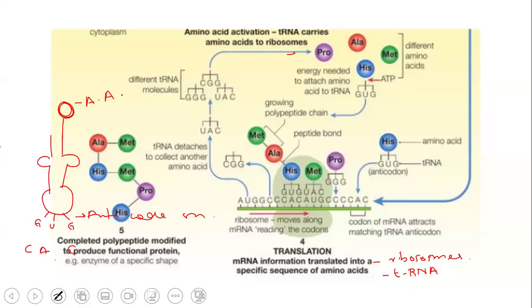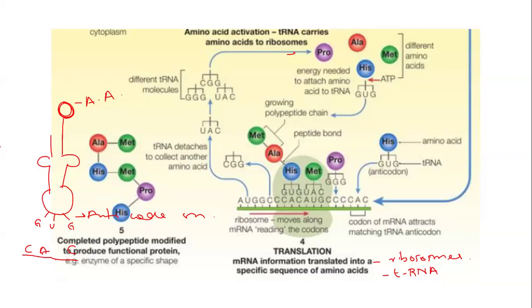to the amino acid. So what is going to happen is that the ribosome starts to read the messenger RNA. It says, okay, there is CAC written. So whichever transfer RNA has the anticodon that matches, that is opposite to CAC, that transfer RNA will come and it will bring the matching amino acid with it.